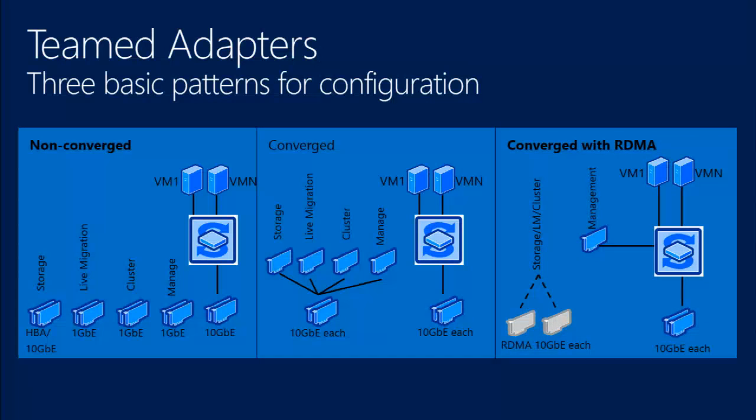When you bring RDMA into the picture, unless you have 6 NICs in your Hyper-V host, which we're generally not seeing, we're generally seeing 4 10 gig adapters, then you have to create the virtual NICs on the virtual switch. The RDMA adapters are used for storage. You can send live migration traffic over them, and even potentially cluster, as long as you're very careful about making sure that clustering gets its right quality of service. But if you have to, you can even move clustering over to the virtual switch.